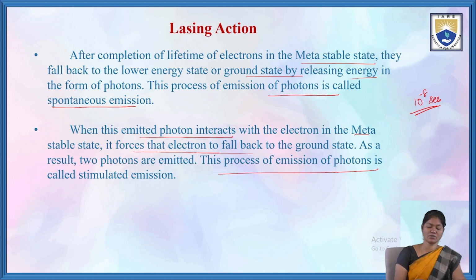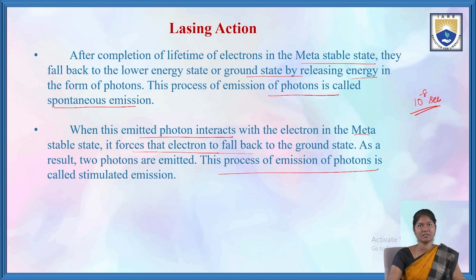Here, when the electron transits from a higher energy level to a lower energy level, two processes of emission will happen. One is spontaneous and the other is stimulated emission of radiation. In the spontaneous emission, after completion of the lifetime, the atom or electron transits to the lower energy state by itself, and in this transition it emits some radiation.